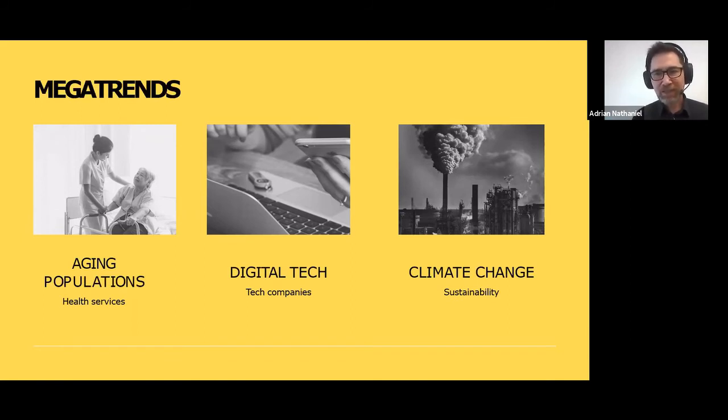Technology companies have been doing really well over the last few years, and it will continue to disrupt the way business has been done. And another big megatrend that is occurring is climate change. And there's no doubt that it is occurring these days.